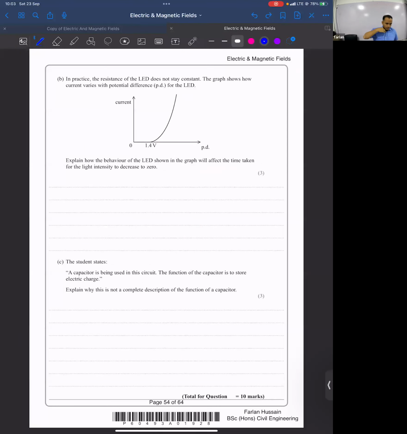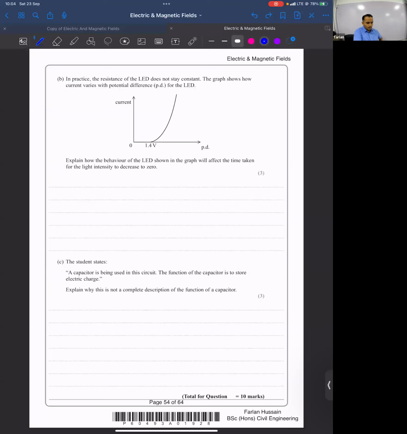In part B, in practice, the resistance of the LED does not stay constant. The graph shows how the current varies with potential difference for the LED. Now, we did the previous calculation based on the assumption that the LED's resistance remains constant.